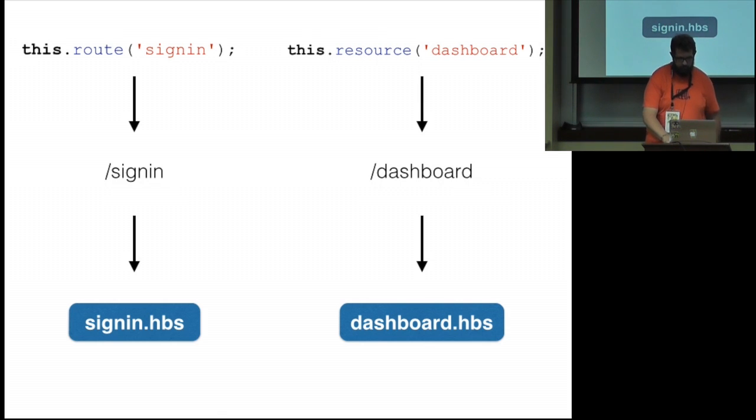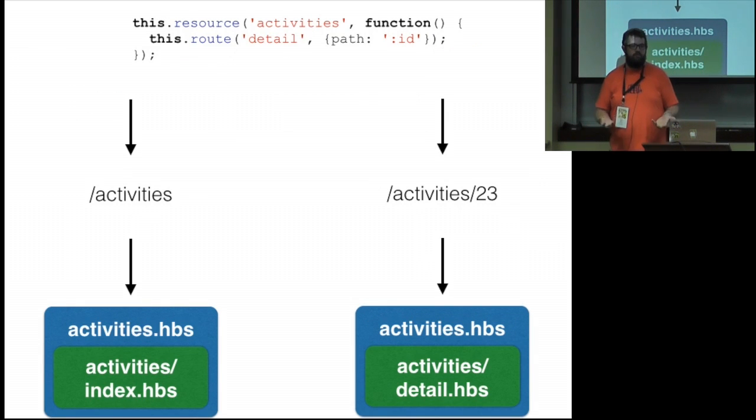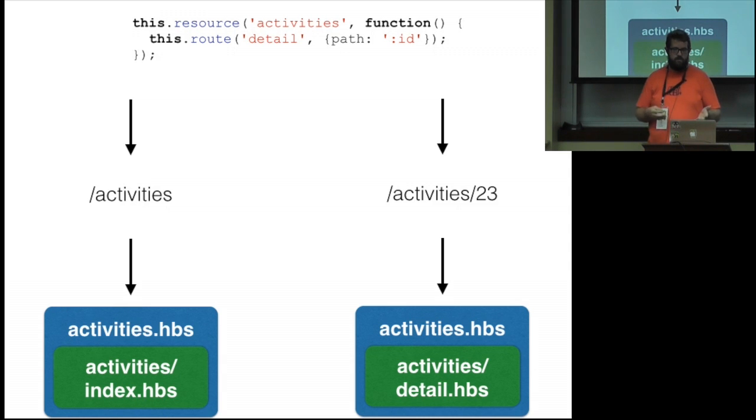How am I doing on time? So for a nested route, like /activities here, if I go to /activities, I'm going to get the activities template. But because I have this nested route definition with detail, Ember is going to provide me an index.hbs, so activities/index is going to get rendered.